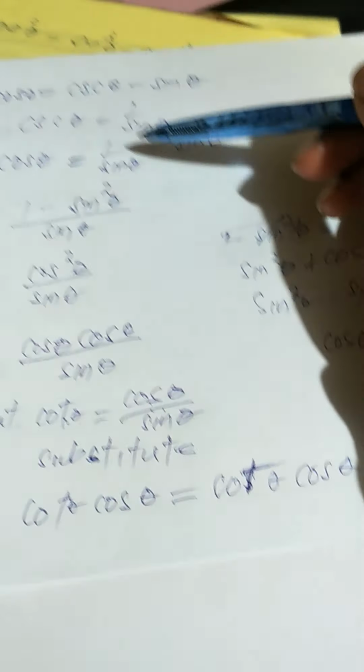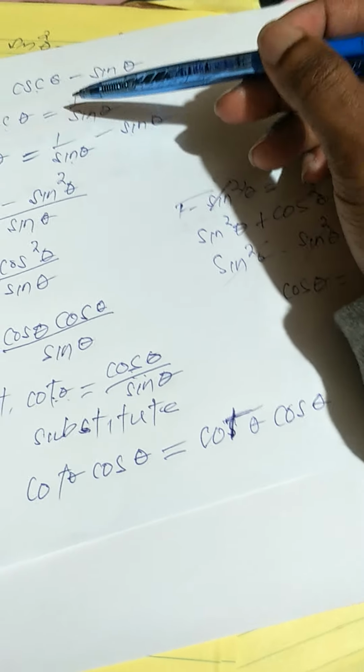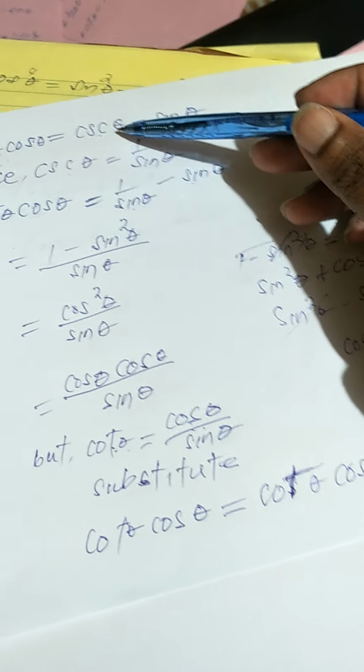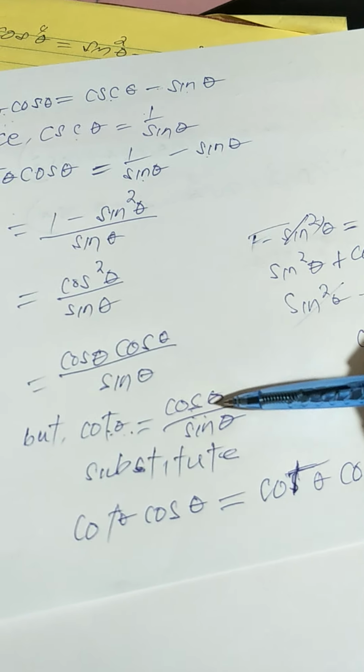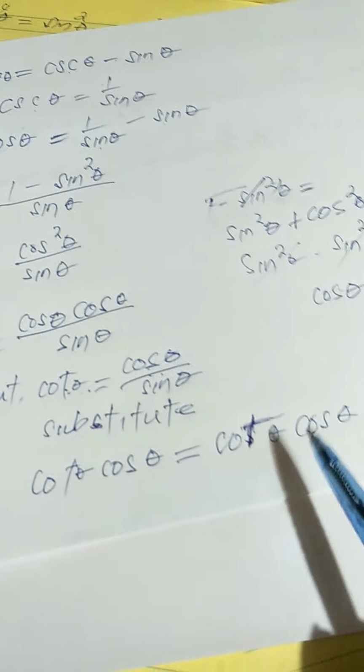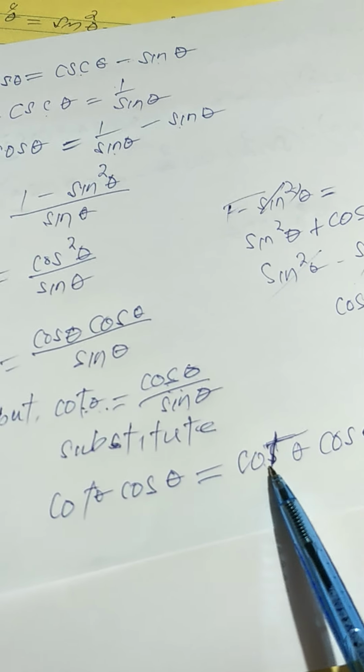Because you see, we said that cot theta is equals to cosine theta all over sine theta. This is where I stated down here.